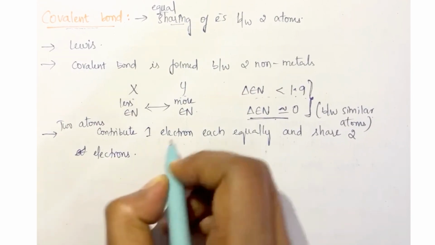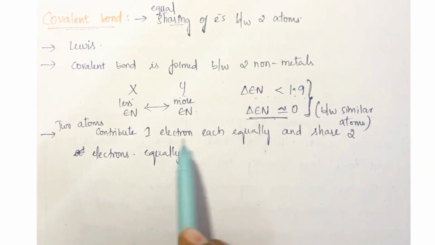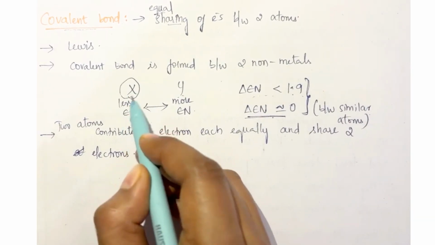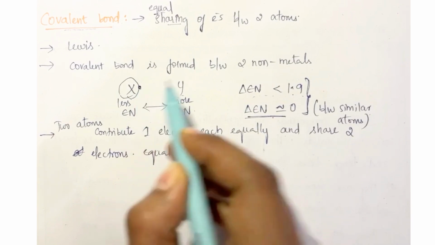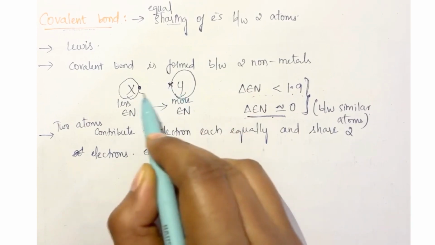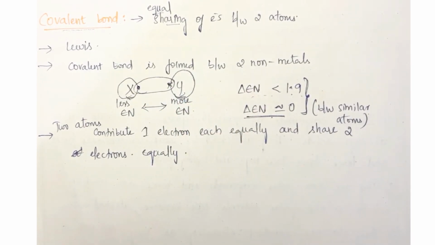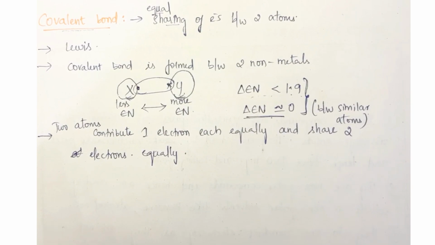Share the 2 electrons equally. That means the electrons given by one atom is 1 and the electrons given by the other atom is also 1, and these 2 electrons belong to both X and Y equally. Such type of bonding is called a covalent bonding.